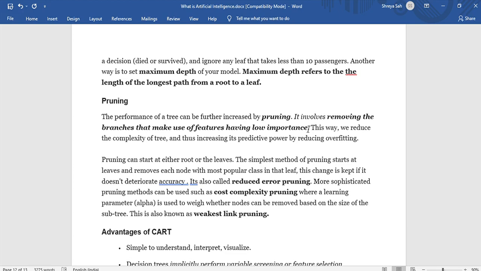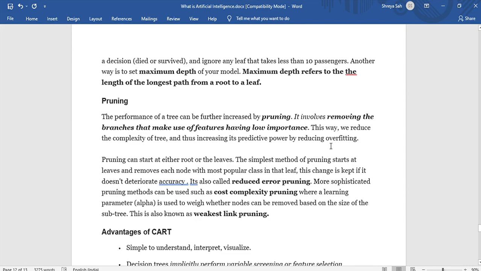So we remove the branches which use features of less importance. This way we reduce the complexity of a tree and increase its predictive power by reducing overfitting.